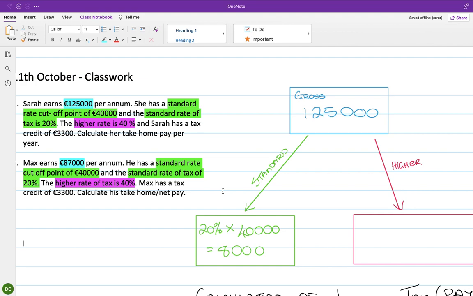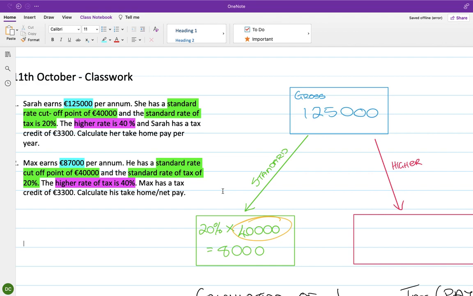So Sarah has a pile of money that is €125,000. We have made one pile already by taking how much money over to this side? So how much money did we take over to the green box? No, that's the percentage. We took 40,000. Don't get confused with the 8,000.